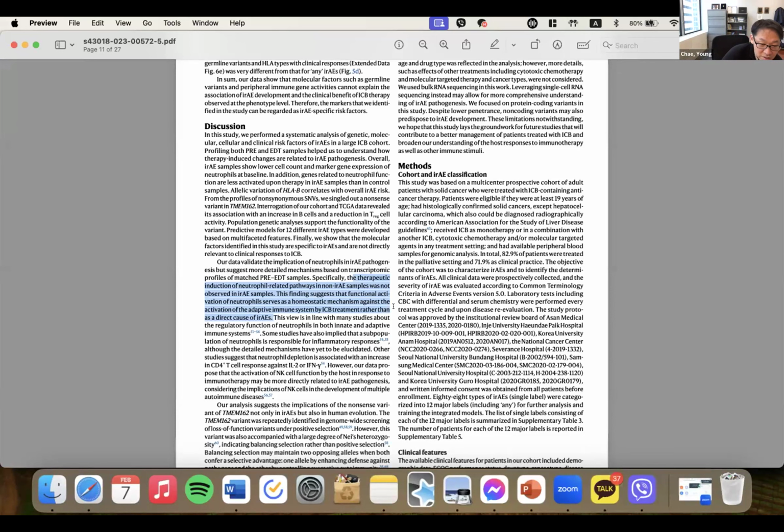Neutrophil depletion. So how I had understood it was that ICIs would cause neutrophils to increase, and then the body would try to react by suppressing the immune system. And so that's why you also have increased immune suppression gene expression. But I think what they were trying to say is that that's not true.